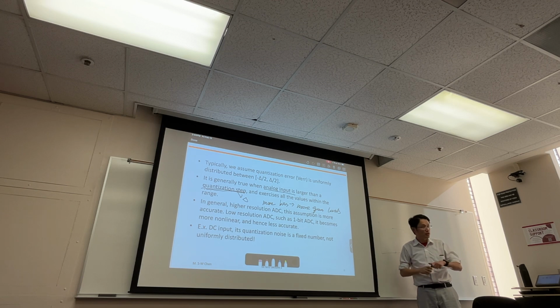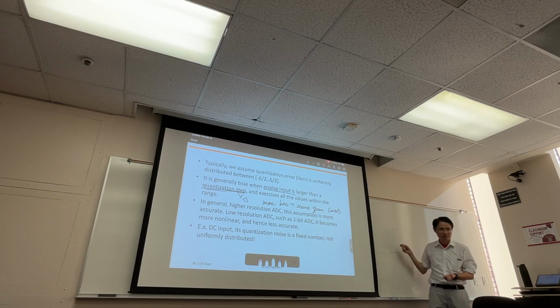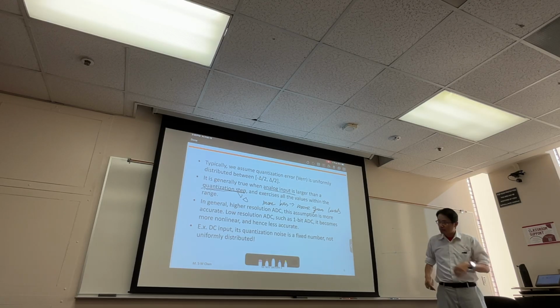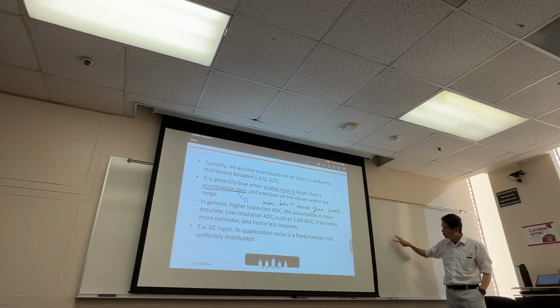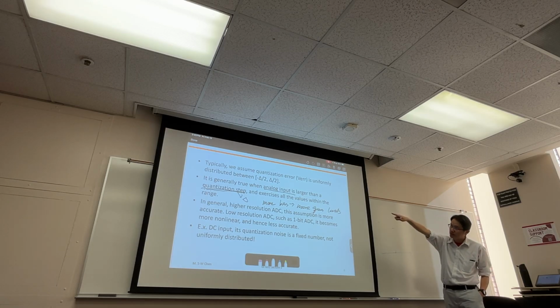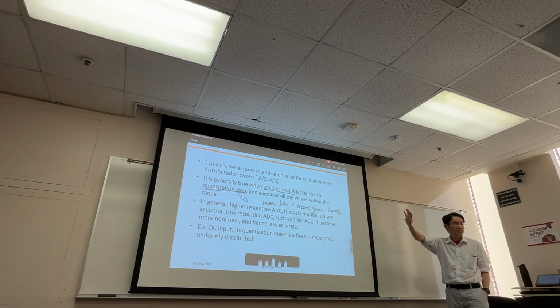I do see people say, oh yeah, I finally know how to design an ADC, because they know how to do a 1-bit ADC. One comparator is a 1-bit ADC. So if you have a 1-bit ADC, the assumption of a uniformly distributed error between plus minus delta over 2 will be a lot less accurate. Why?